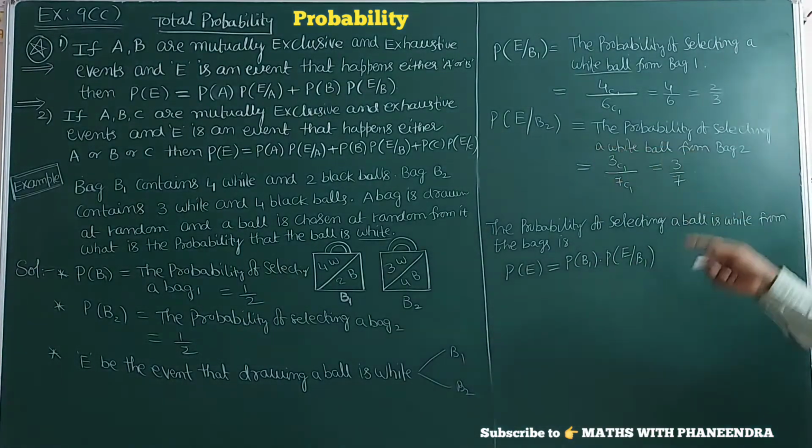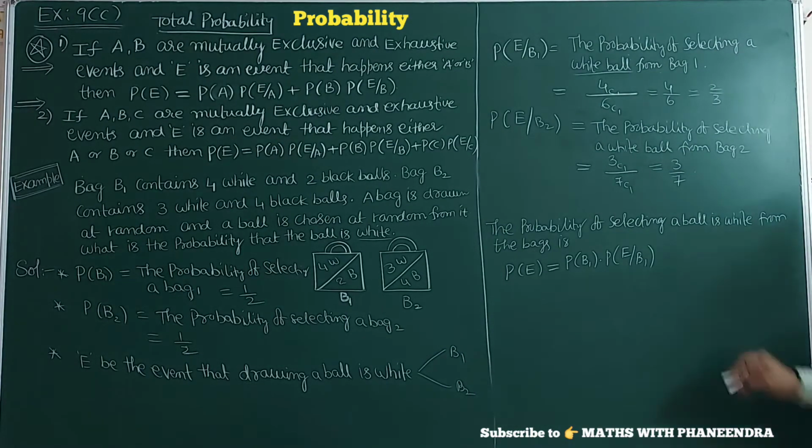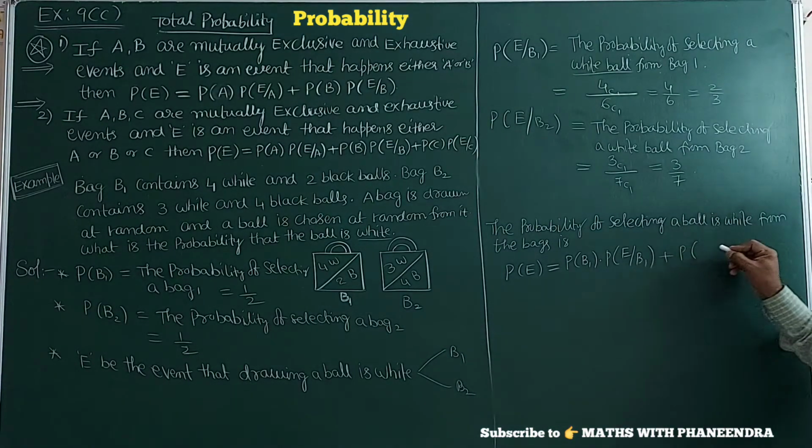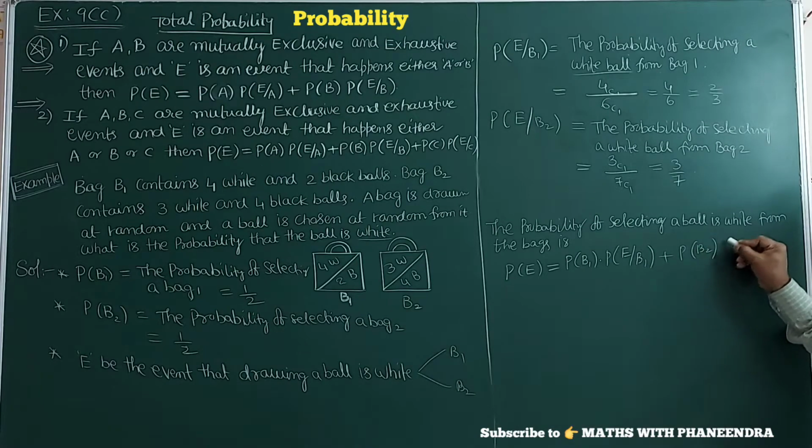This is the way we are to apply. Plus P of B2 into P of E by B2.